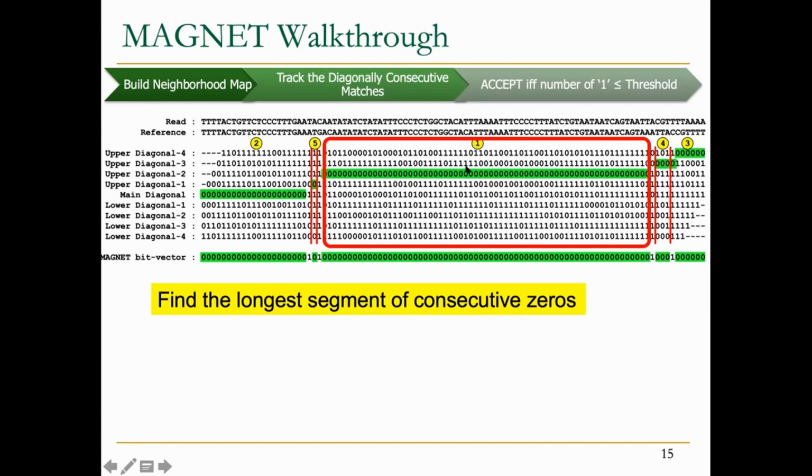Once we find the largest number of zeros, we move the entire segment to the final result, what we call the Magnet bit vector, as you can see here. So first we get this segment in the results. The rest is still not calculated. We don't have these yet.